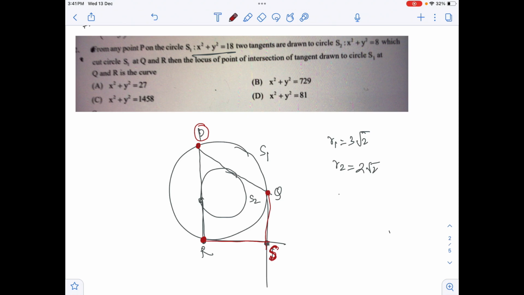As P changes along the circle, the point S will also change accordingly. So point S will move on a curve. You have to find the relation between the X and Y coordinates of that curve. That is fundamentally the meaning of locus.